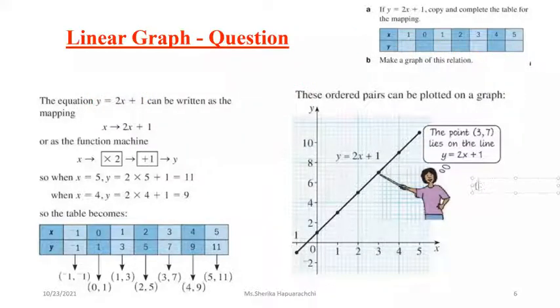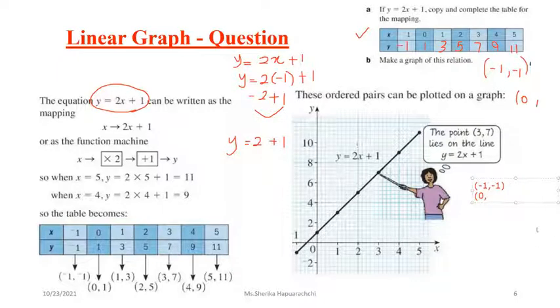Right, I will write all my coordinates. My first one, -1, -1. That's my first coordinate. Second coordinate, 0, 1. That's my second coordinate.